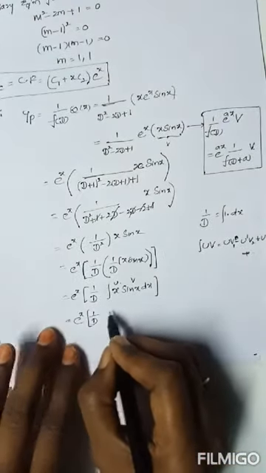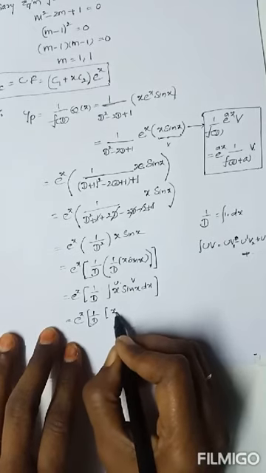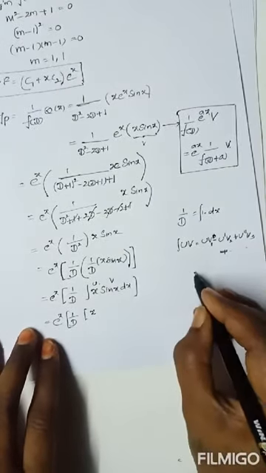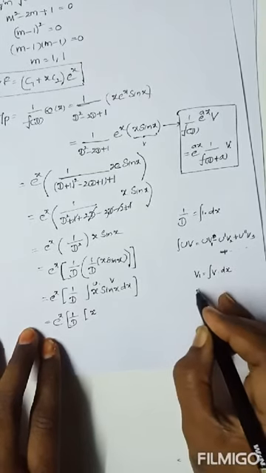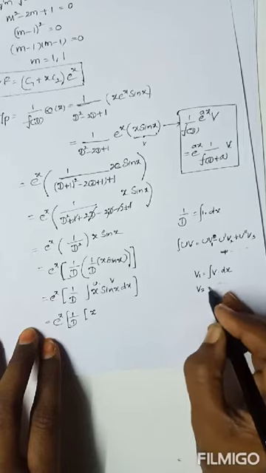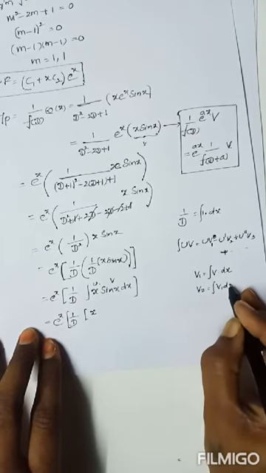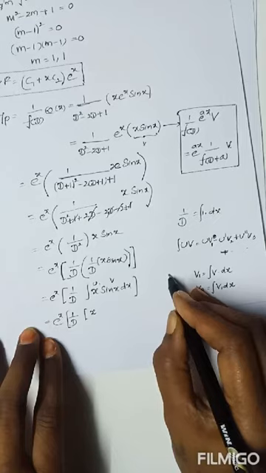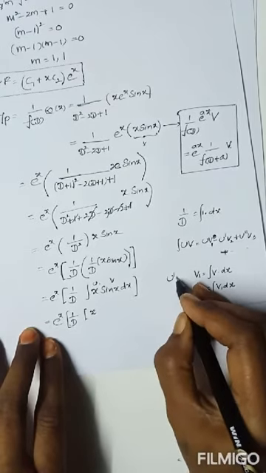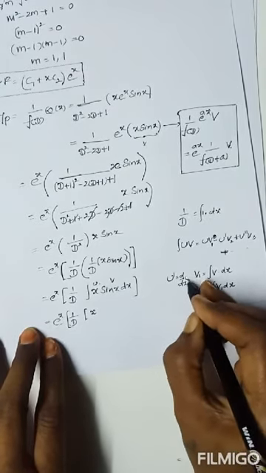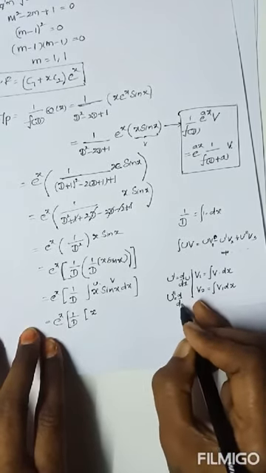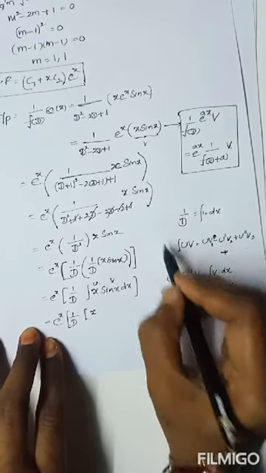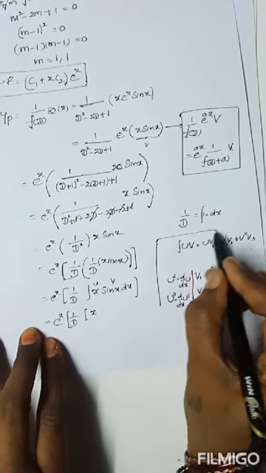According to this, here u is x, v1 is the integration of v with respect to x, v2 is the integration of v1 with respect to x, u dash is d by dx of u, and u double dash is d by dx of u dash. This is the uv formula.